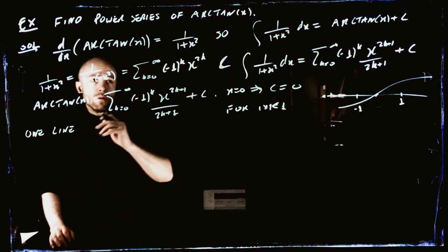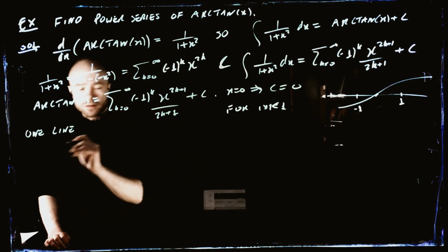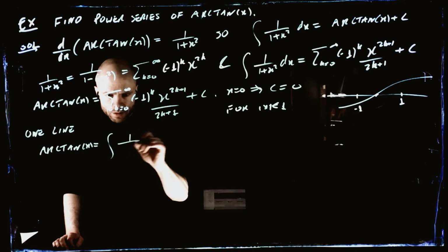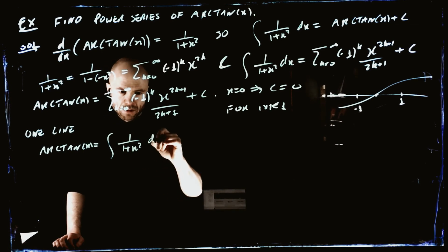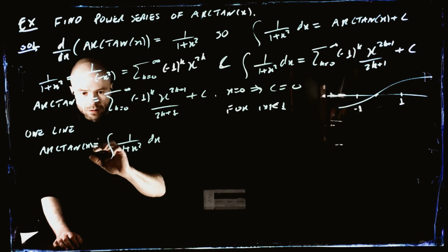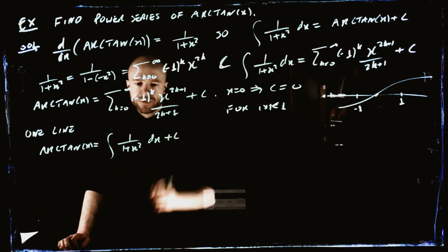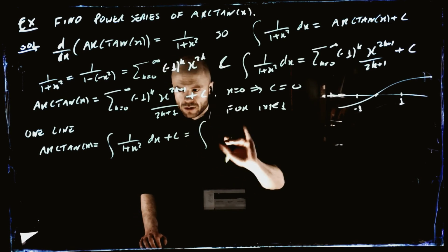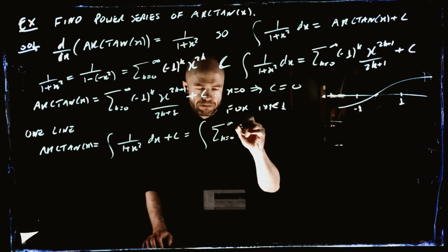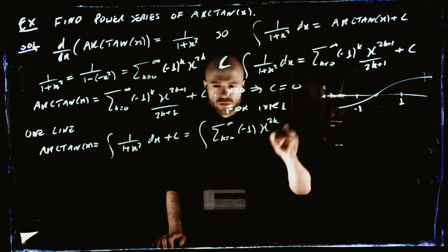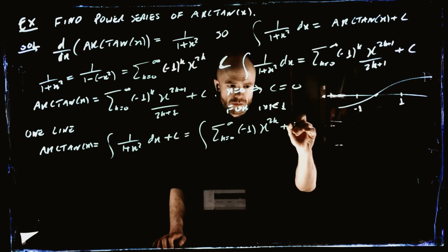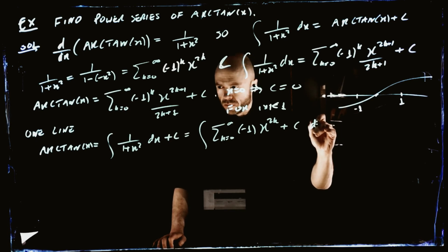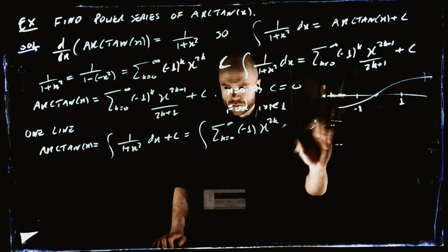So what do we want? We want this guy, arctan. So we know that arctan is the antiderivative of 1 over 1 plus x squared dx with a constant c. So I'm going to put the constant c over here. And then this thing we power series expand. Like this.